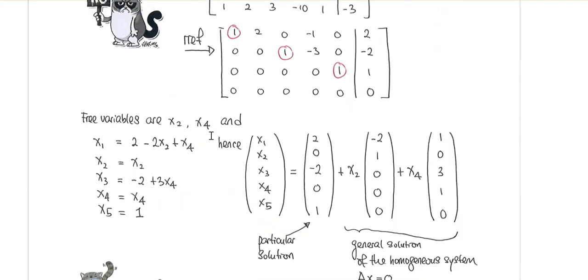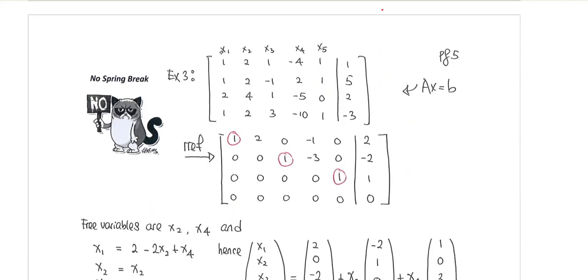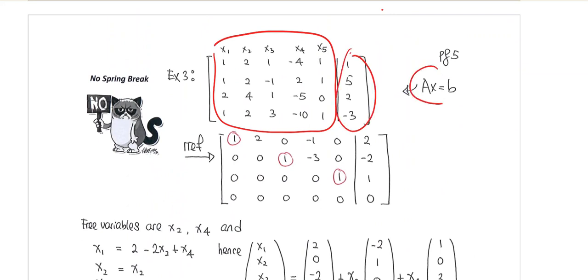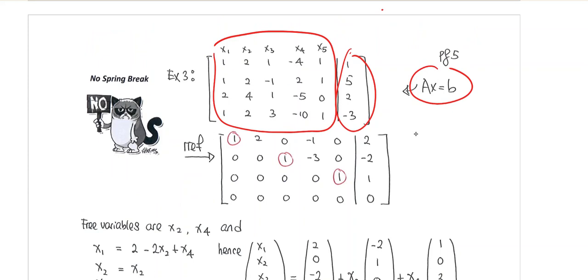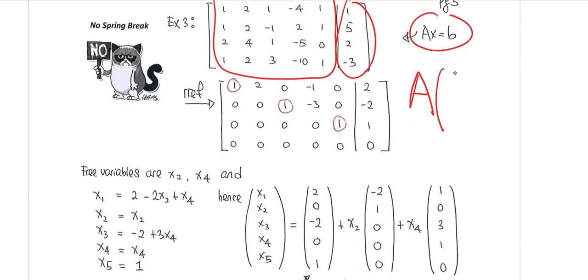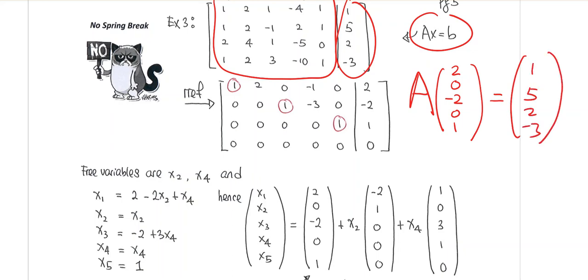Let's say for example, this is our matrix A. This is B, right? AX equal to B. Now, if you actually do the computations, and don't ask me how to get this yet, you'll see that X equals 1, 5, 2, -3. We found them, let's say.